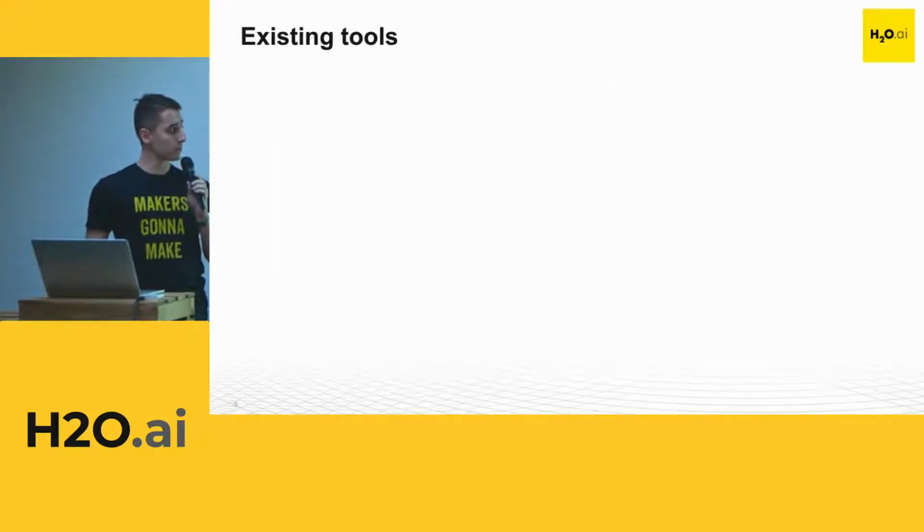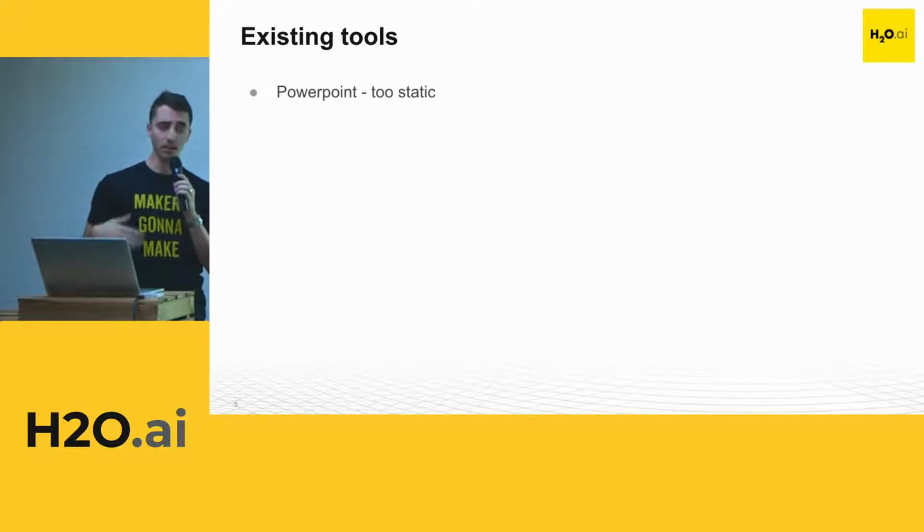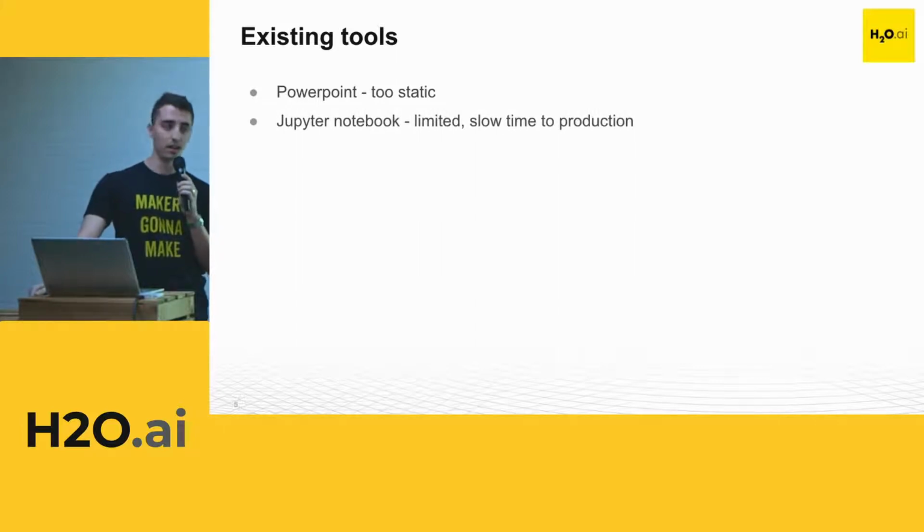If you decide to take the second route and do the interpretation yourself, you have a few options. The simplest one is using PowerPoint, like this presentation, but it can be better. Yeah, it's way too static. Another very common option is going to Jupyter Notebook, making some screenshots, and again pasting them into PowerPoint.